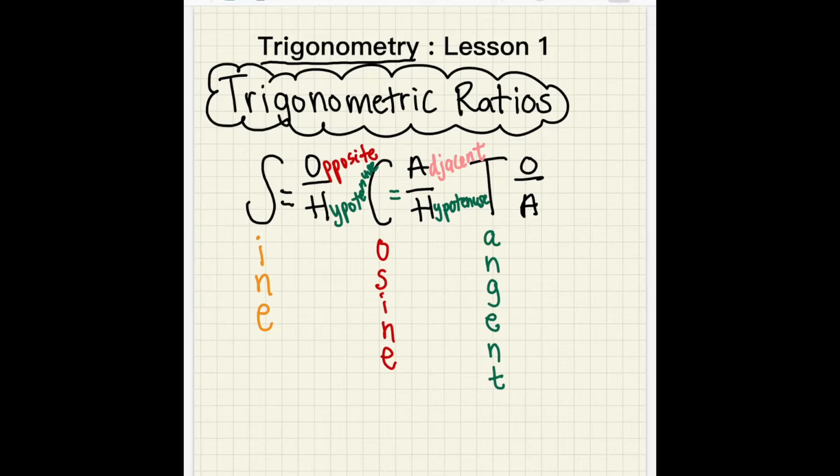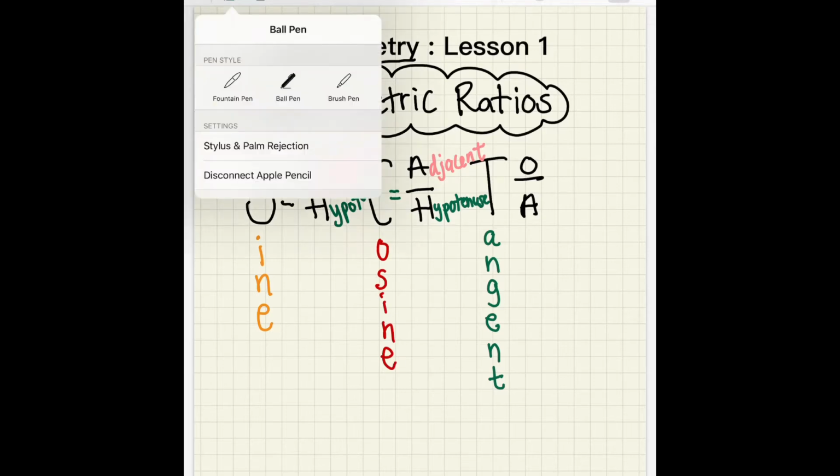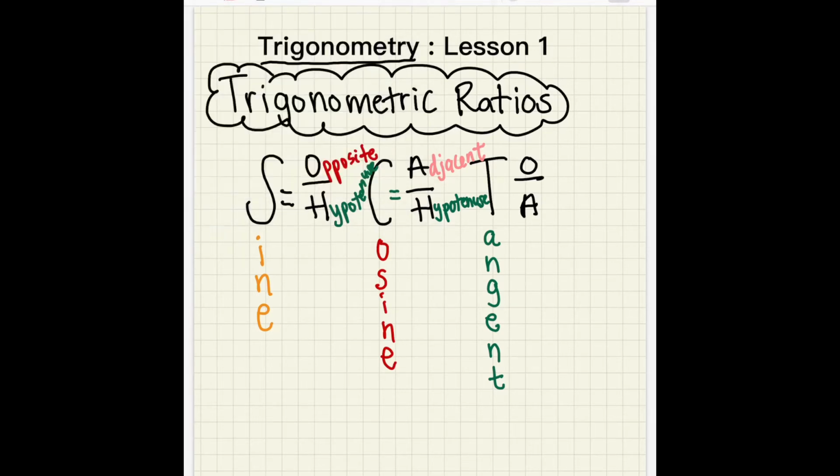Now, the last one is the T for tangent, right? T, tangent, equals O over A, which basically means that the tangent is equal to the opposite over the adjacent.